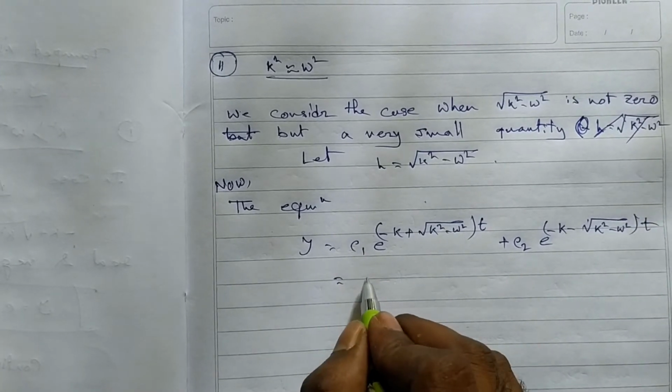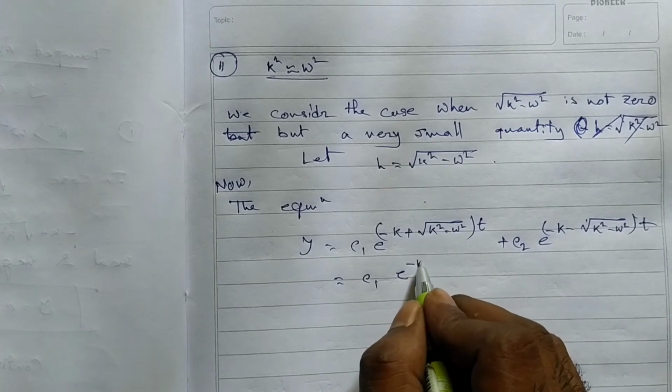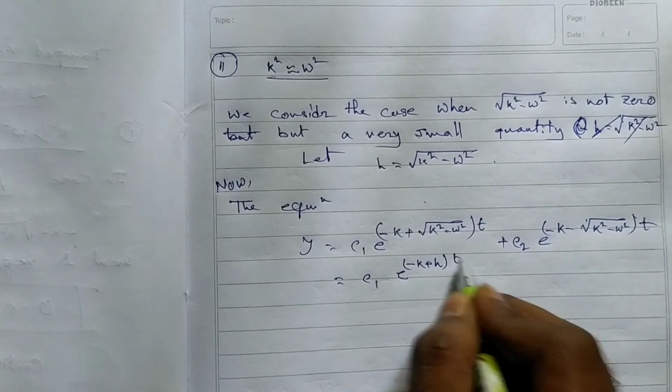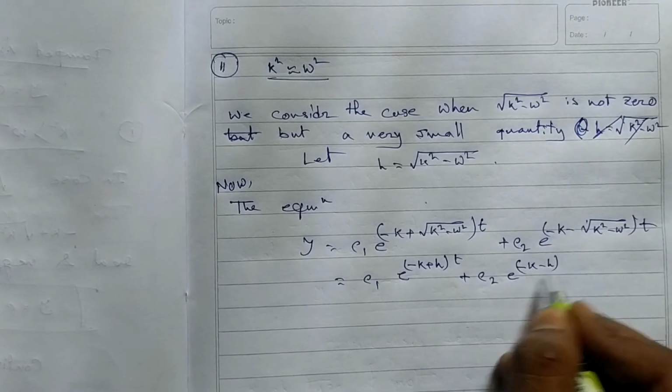So we rewrite c1 e to the power minus k plus h into t plus c2 e to the power minus k minus h into t.